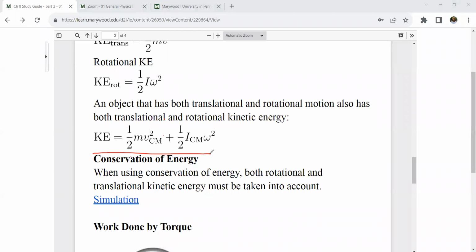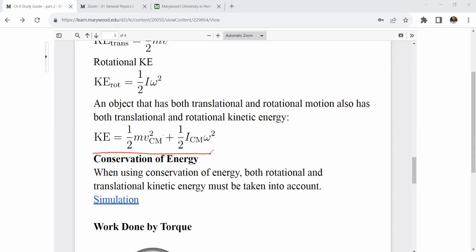Now, in chapter 6 we solved some problems by using the conservation of energy. In chapter 6 we neglected the rotational kinetic energy because we did not consider rotation over there. But here we will probably solve a few problems where we have to use conservation of energy.